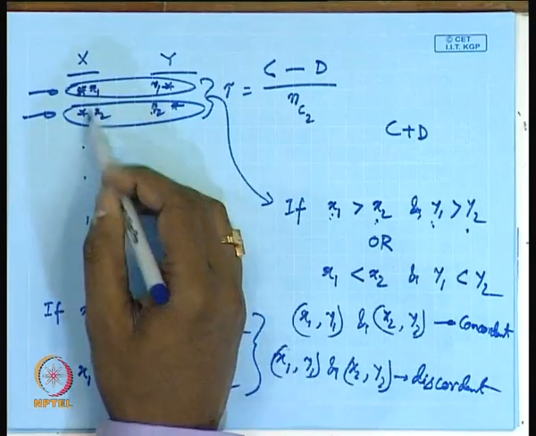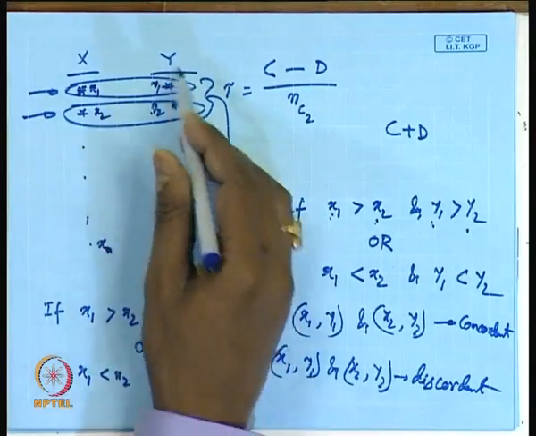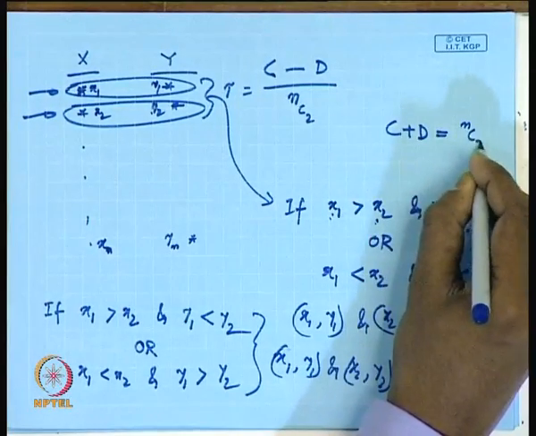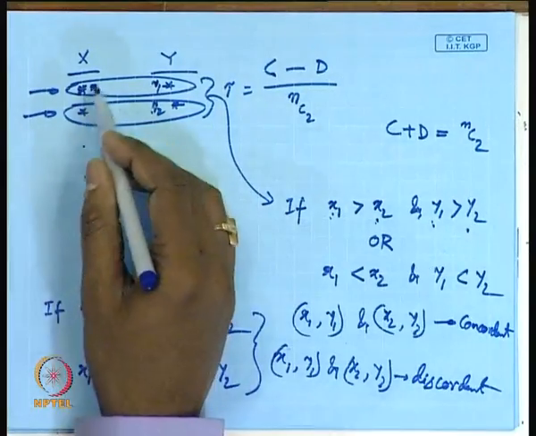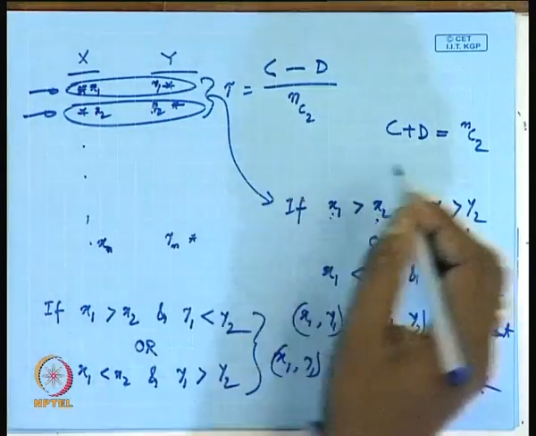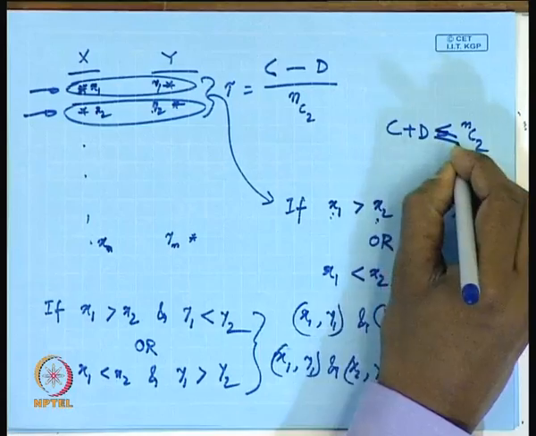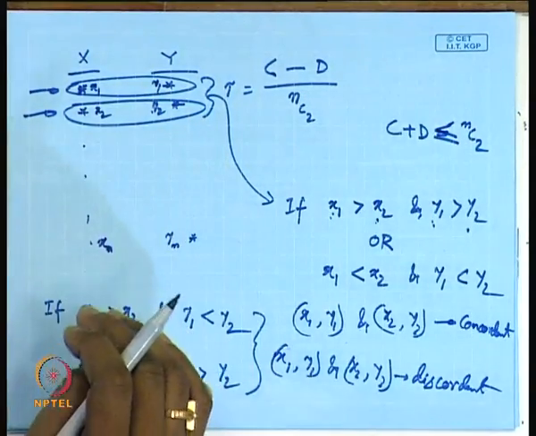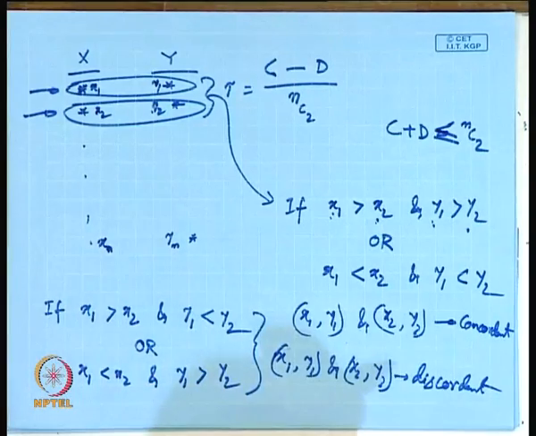So, if no entries are equal in both cases, then ideally C plus D is equal to NC2. But as there could be some possibilities of equality, C plus D is less than or equal to NC2, and those one or two combinations have to be ignored.